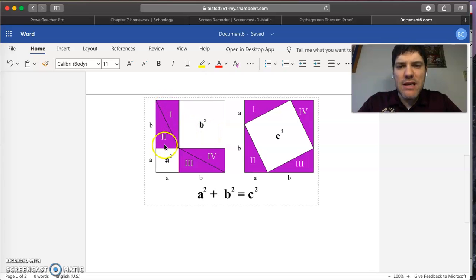If we rearrange these triangles labeled Roman numerals 1, 2, 3, and 4 around the perimeter of this same squared region as we had here, we have a c by c or c squared negative space. Visually, we can see that a squared plus b squared makes up all of the negative space, and c squared makes up, in this square to the right, all of the negative space. So a squared plus b squared visually equals c squared.